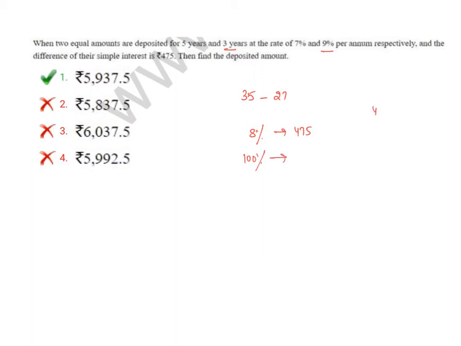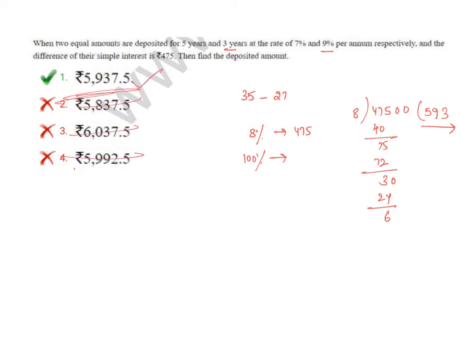Multiply by 100, it will be 47500 by 8. So we can say 8 5s are 40, then 75, then 9s are 72, then 30, means 3s are, then you have 24, then 6, it goes on like this. So it follows like 5 9 3 goes on. So it is 5 9 3. The first option, you can go for it. You can solve it completely also, but it is not required.